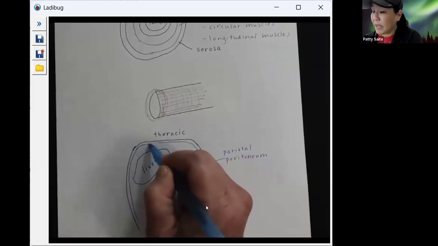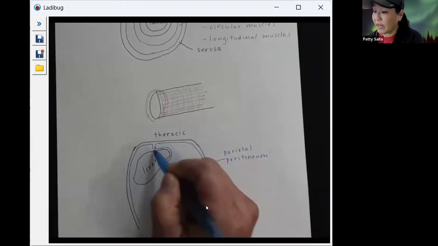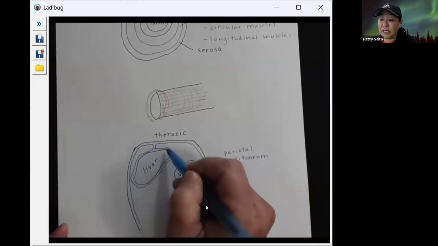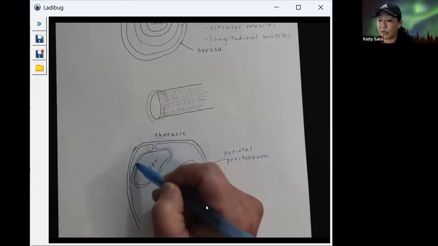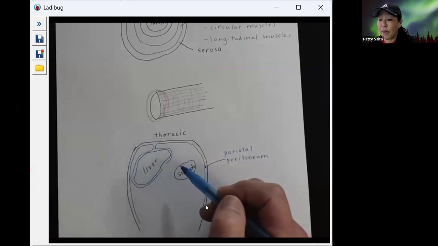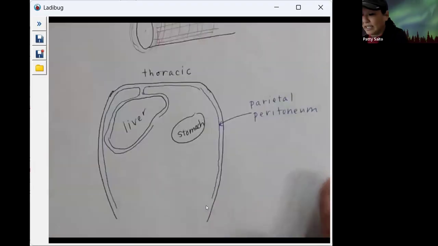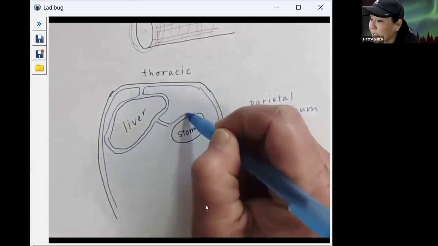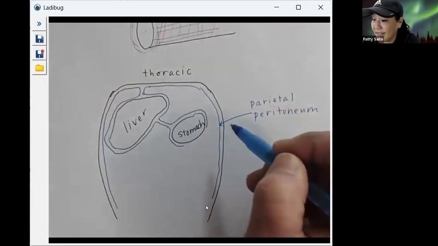So we have the peritoneum coming here and does this, and it's going to go around the organ like this. Now, if it was one organ like the heart, it would be simple. It would be closed here, and then we'd have a parietal layer and a visceral peritoneum, and then the peritoneal cavity like this. But it's complex because we have other organs. So how do we deal with that? So there's these areas where the peritoneum is going to come together and then go around another structure like that.